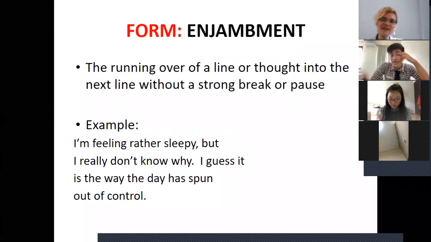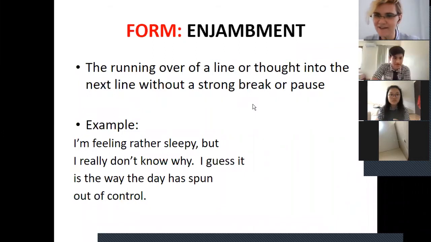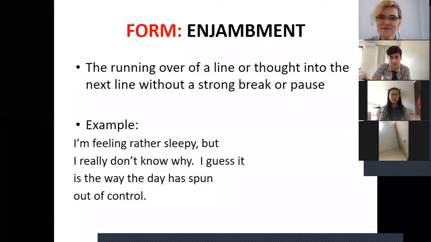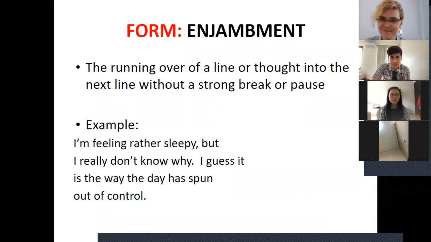Okay, and enjambment. The running over of a line or thought into the next line without a strong break or pause. We're all lagging right now. Okay. So, running over a line or thought into the next line without a strong break or pause.